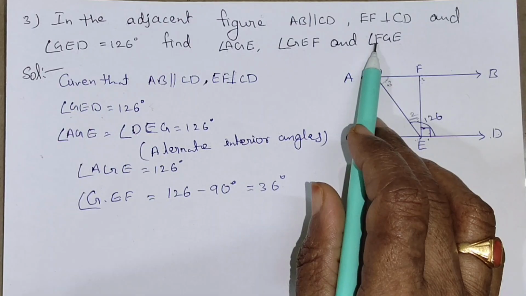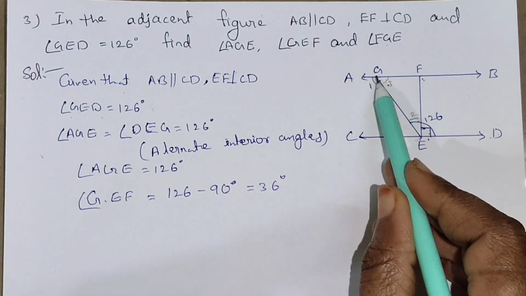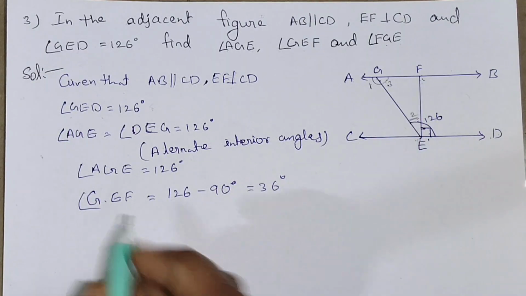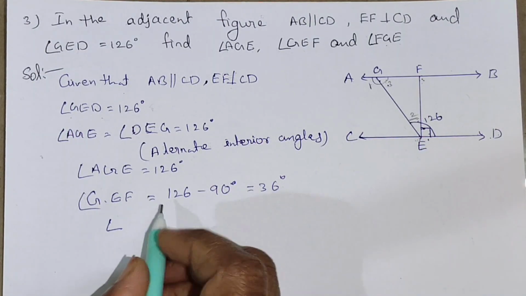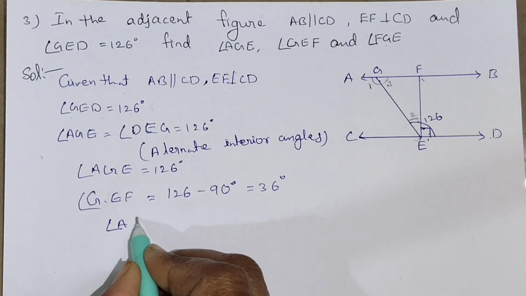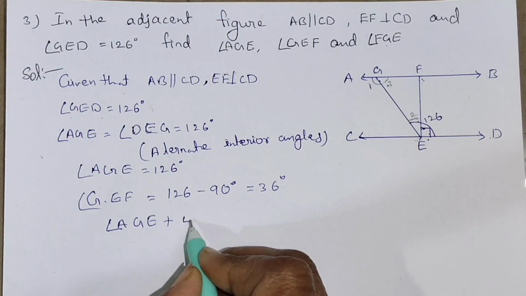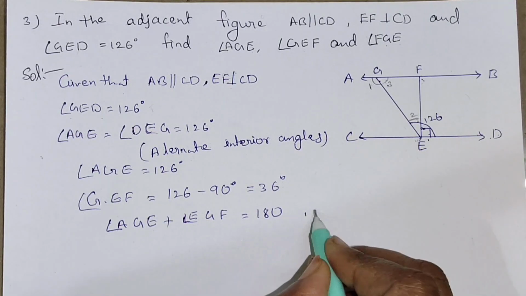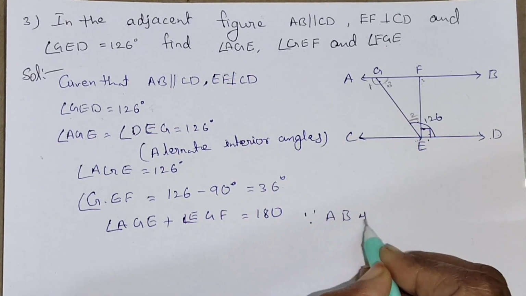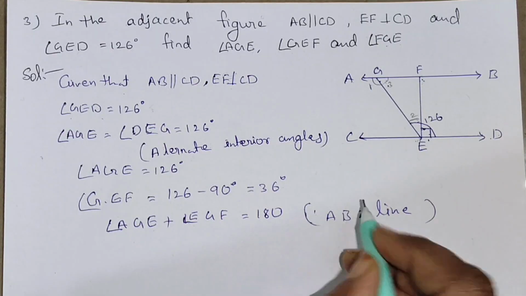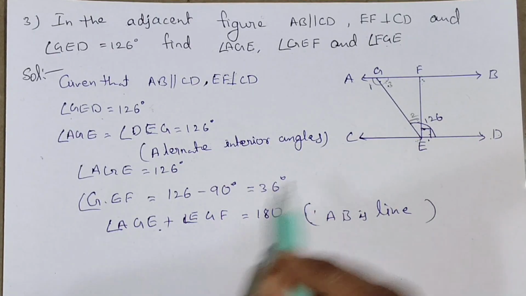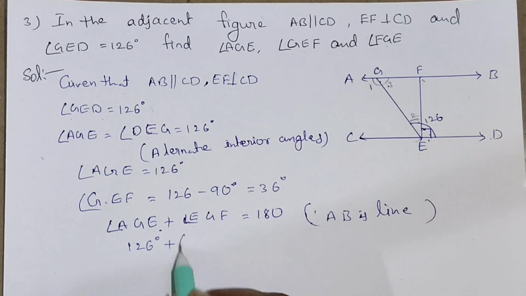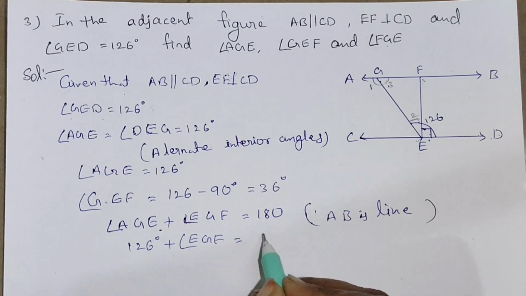Next the third one, angle FGE. This is a straight line, so the complete sum is equal to 180. So angle AGE plus angle EGF is equal to 180, since AB is a line. AGE is equal to 126, so 126 plus EGF equals 180.